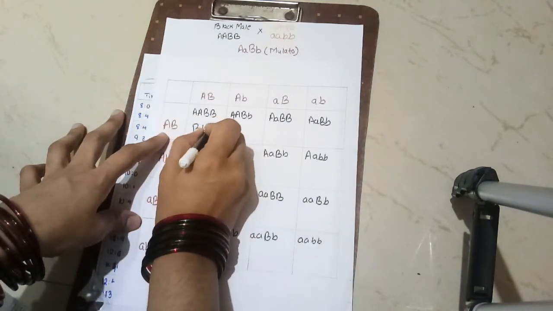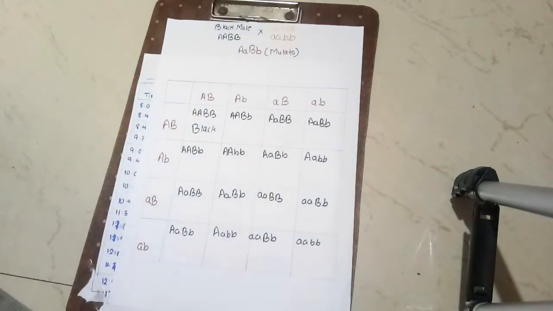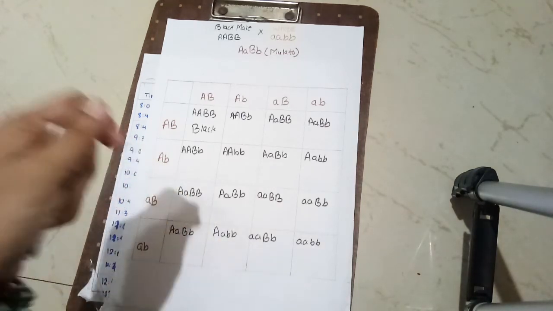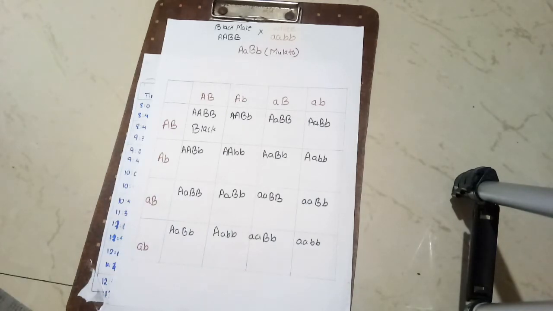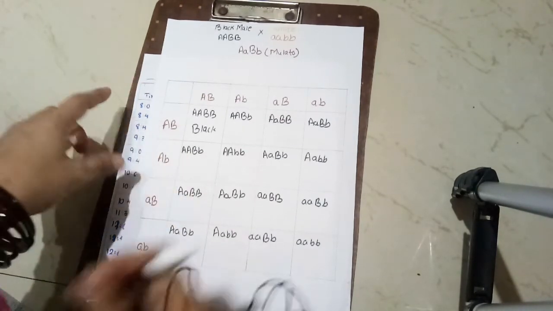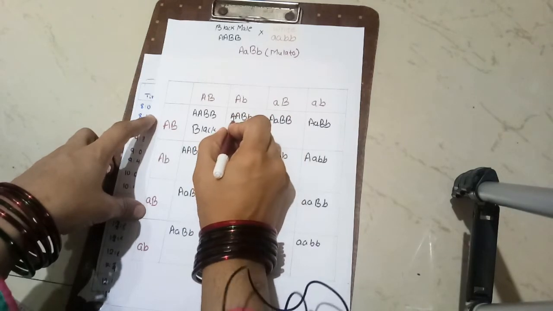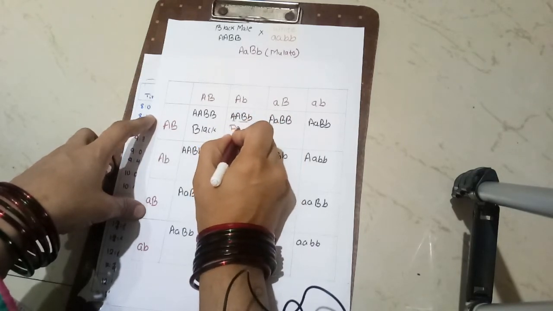Now, students, in the case of polygenic inheritance, the additive effect of genes is observed, irrespective of A and B. So if the individual has three dominant genes, that individual will be darker than mulatto. So here three dominant genes are there, right? So this particular individual will be darker than mulatto.